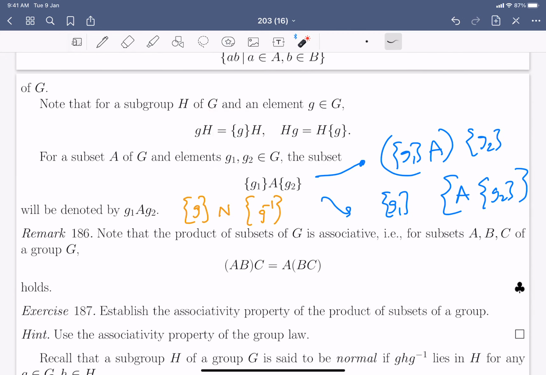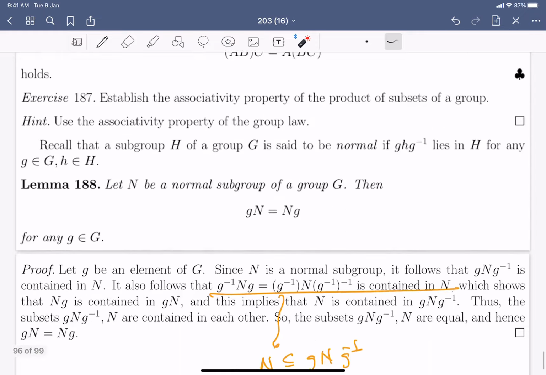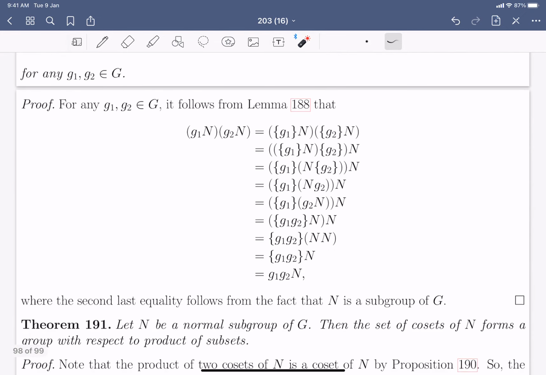The first set is a singleton set consisting of the element little g, and the second set is the subgroup H. So one has that g1N times g2N is the product of these two, and by associativity one can combine this one with this one, and again by associativity one can combine this one with this one.